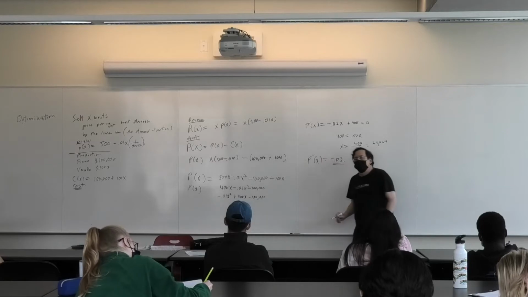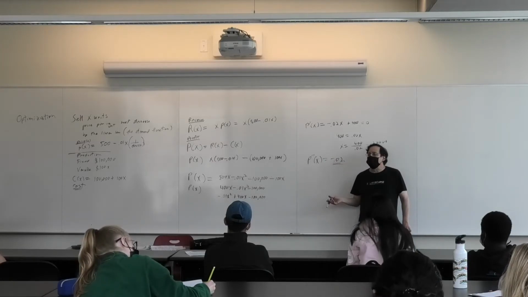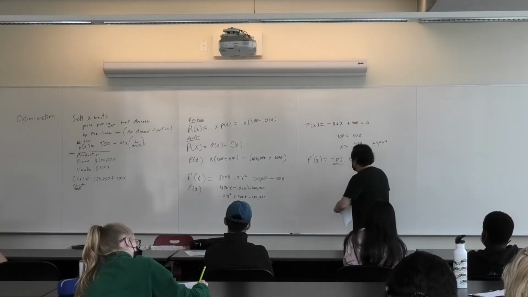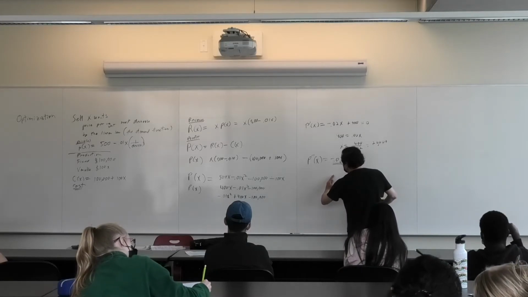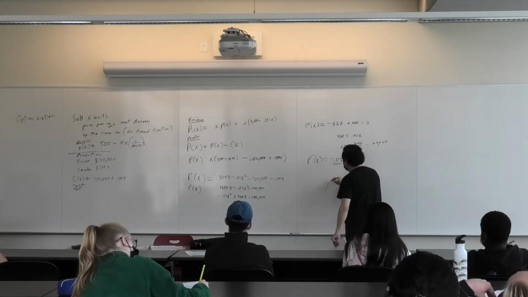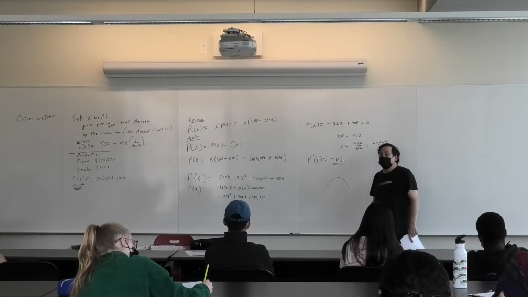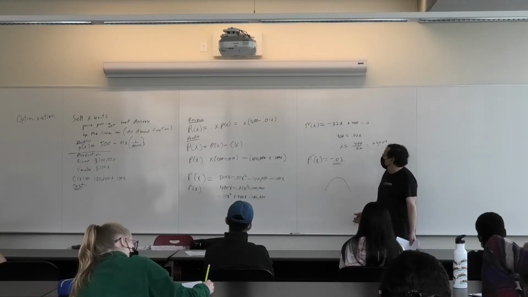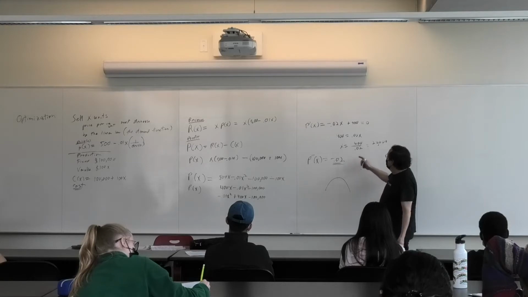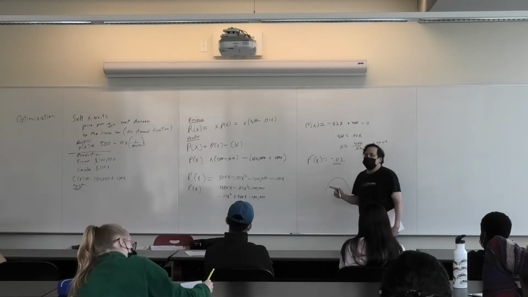Okay. When the second derivative is negative, what's happening? That means your derivative is getting less and less, which means you have a maximum. You could use the first derivative test, in which case you take a point on one side and on the other, and you'd see what was happening to it.